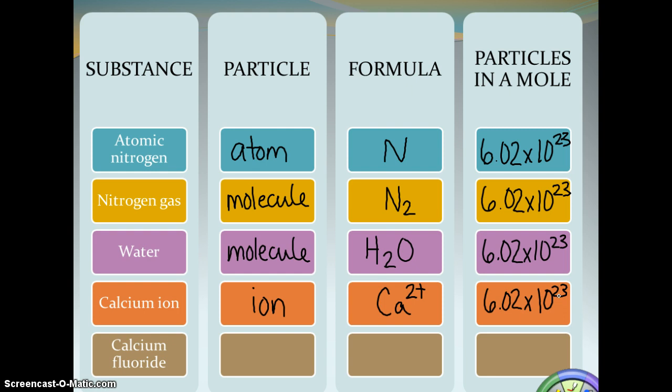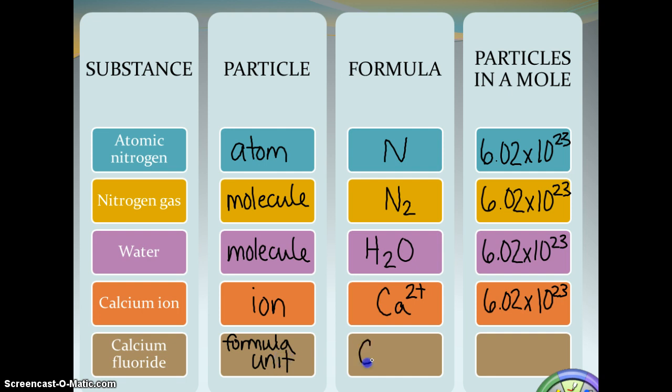And last up, calcium fluoride. Is this an atom, an ion, a molecule, or a formula unit? Calcium is a metal, fluoride is a nonmetal. That is going to make this an ionic compound. So its particle is going to be a formula unit. And how do we write calcium fluoride?